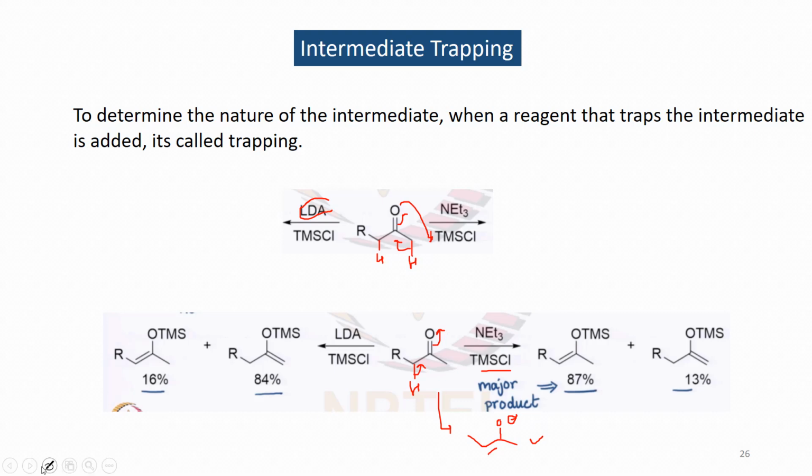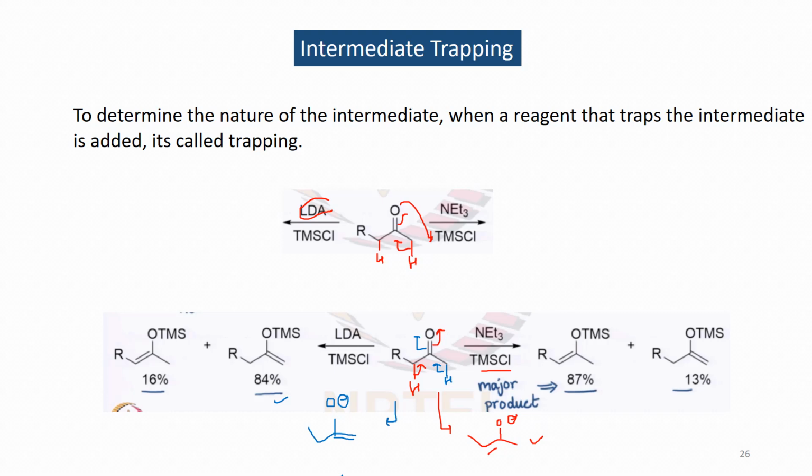Whereas in case of LDA, this less substituted CH bond gets involved and gives us this less substituted enolic intermediate. And as a trapping reagent we are using TMSCl, which traps and gives us this product, and by observing the product, we can determine that in case of LDA this type of intermediate is formed.